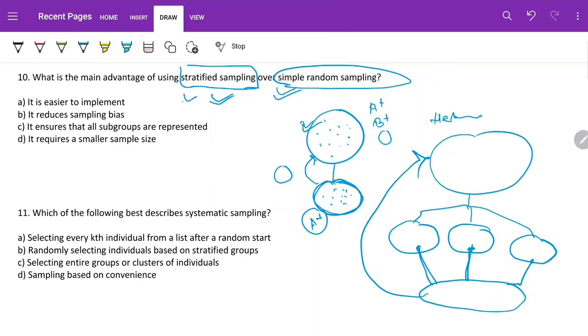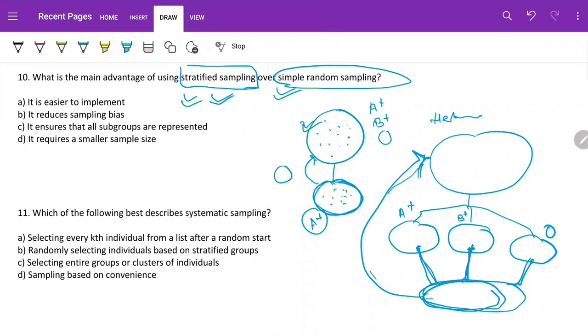So for this reason, we go for stratified sampling, in which we make 3 homogeneous groups: A positive, B positive and O group patients, and we take samples from each of the groups so that our sample represents our population well. So what are the options here?